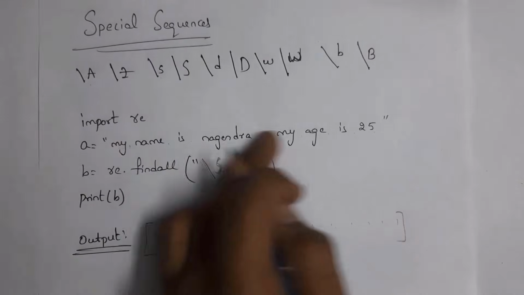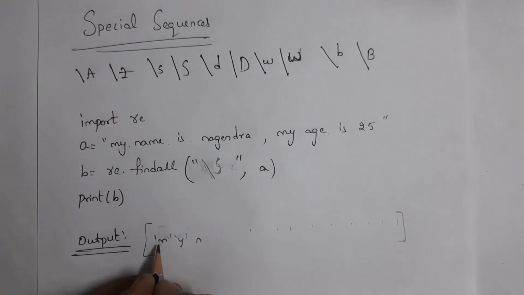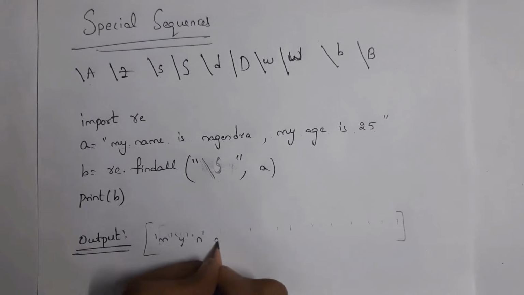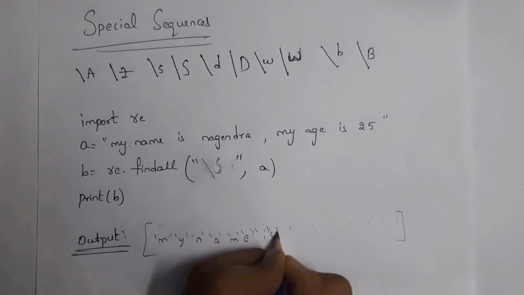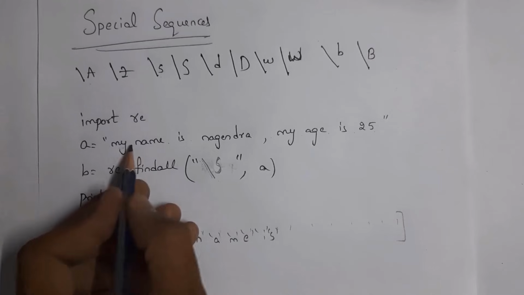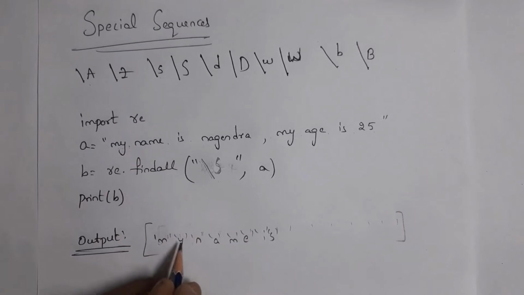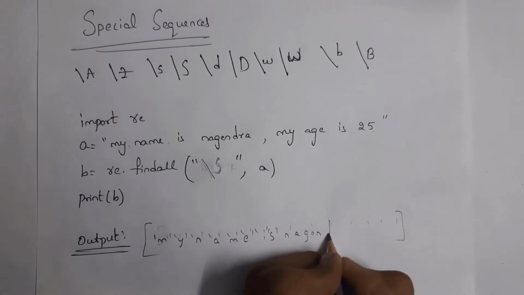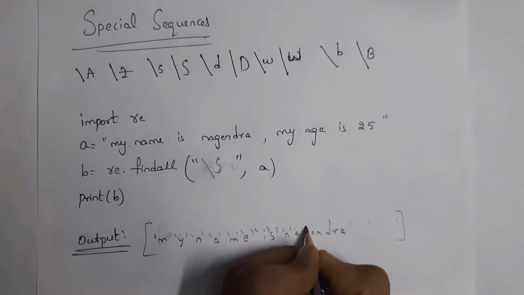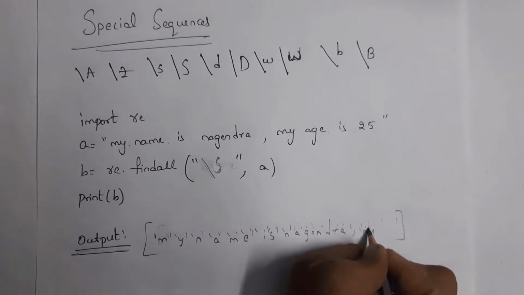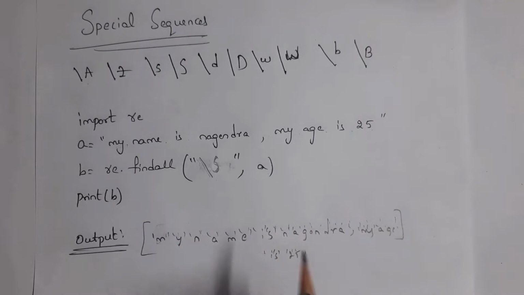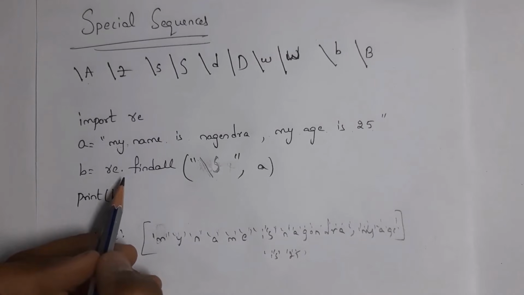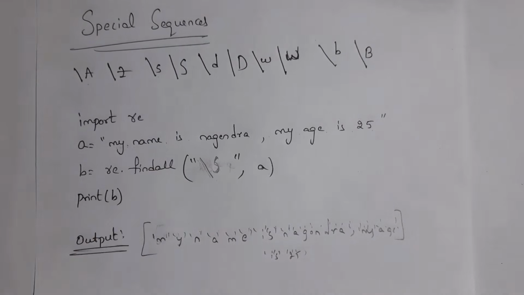It will print all these characters except spaces: my, na, me, is, na, gen, dra, all in single quotations, the comma in single quotation, and my age is 25 without any spaces. Whenever you write re.findall backslash capital S, it will print all characters except spaces. This is the use of backslash small s and backslash capital S.